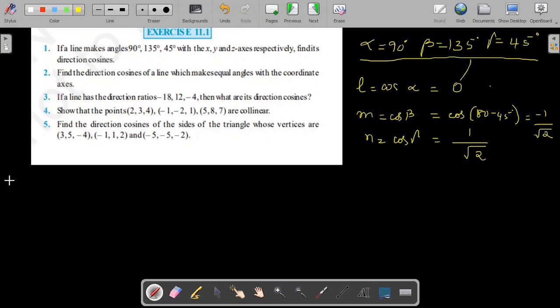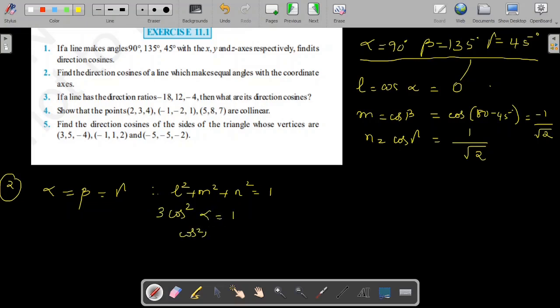Now, find the direction cosines of a line which makes equal angles, that is alpha equal to beta equal to gamma, with the coordinate axes. You have the relation l square plus m square plus n square equal to 1. Therefore cos square alpha plus cos square beta plus cos square gamma equals 1, that is 3 times cos square alpha is equal to 1.